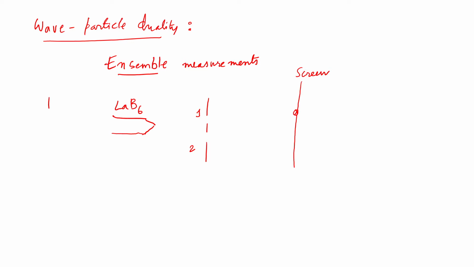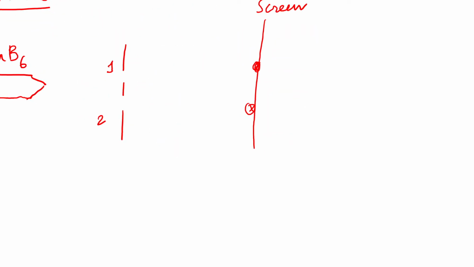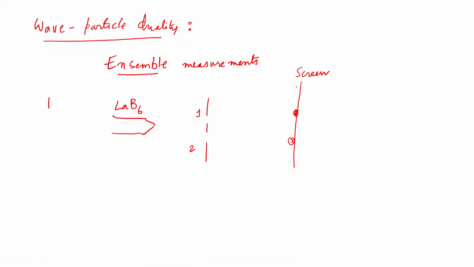Now if you want to see the double slit fringe pattern, you have to wait for a million or so electrons to fall on the screen. You don't see the double slit pattern with 10 electrons or 100 electrons. As you do these measurements, you will see in the video that I will upload that the first electron falls on the screen somewhere here, the second electron falls somewhere here, the third electron somewhere else, and you won't see any pattern.